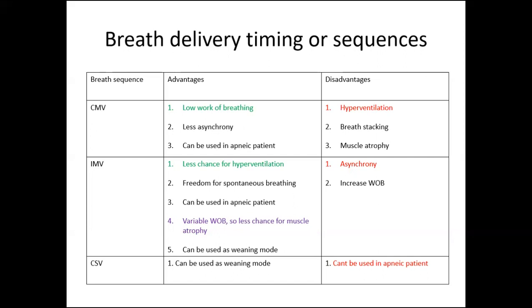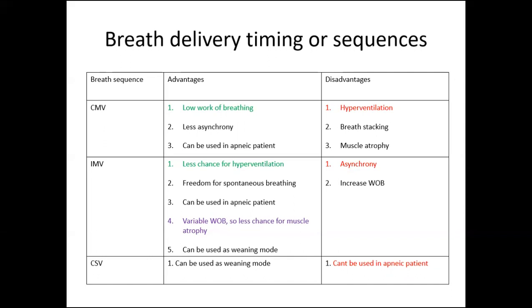Whether the patient is triggering or not, the set rate will be delivered. If the patient is breathing more, he can get full assistance even for the extra breaths. Like a set rate of 20, and the patient is breathing at 50. Even for that extra 30, the patient will get the full assistance, not like other modes such as IMV, where you get less assistance.